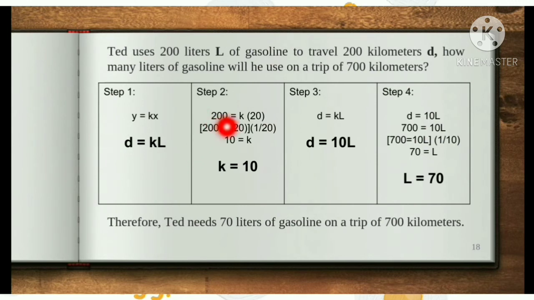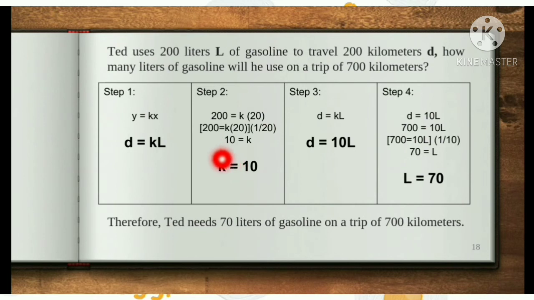So let's proceed to step 2. Use the information given in the problem to find the value of k. In this case, you need to find k when x is 20 and y is 200. So in order to find k, we can manipulate the equation 200 equals k times 20 by multiplying both sides of the equation by 1 over 20.